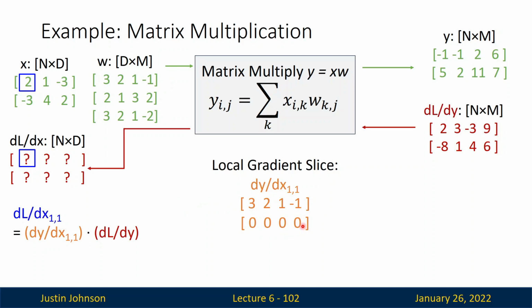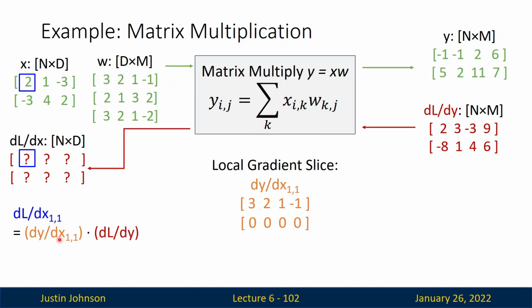Therefore, since we get the dy/dx11 here, now we can calculate dL/dx, because dL/dx by definition is the multiplication of the upstream gradient and the local gradient. The upstream gradient is here, and the local gradient is here.